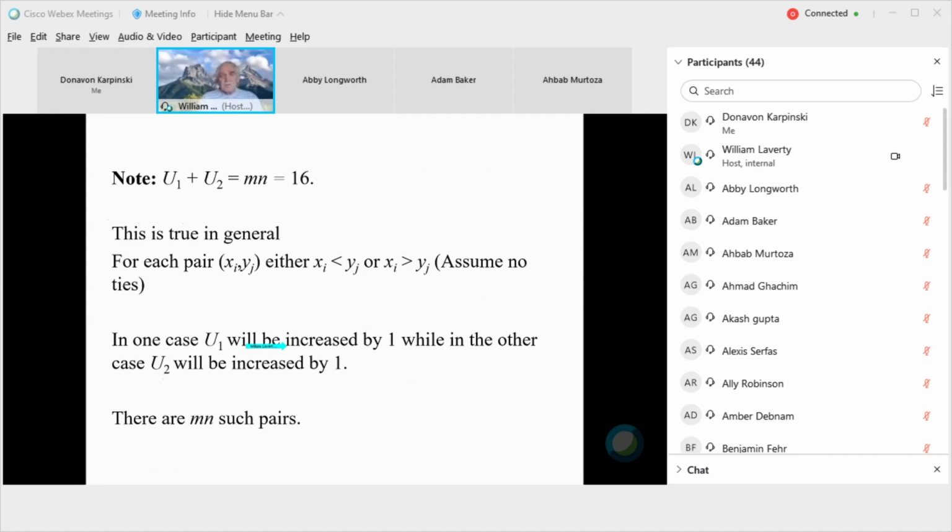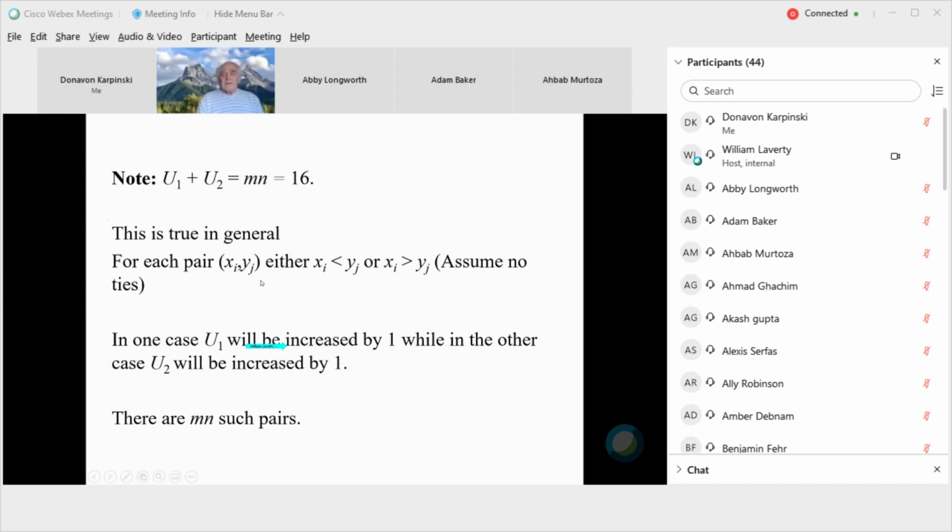Note that U1 plus U2 in this example, 2 plus 14, add up to 16. That will just be m times n. That's counting the number of ways you compare an observation in sample 1 with an observation in sample 2. This will always be true.